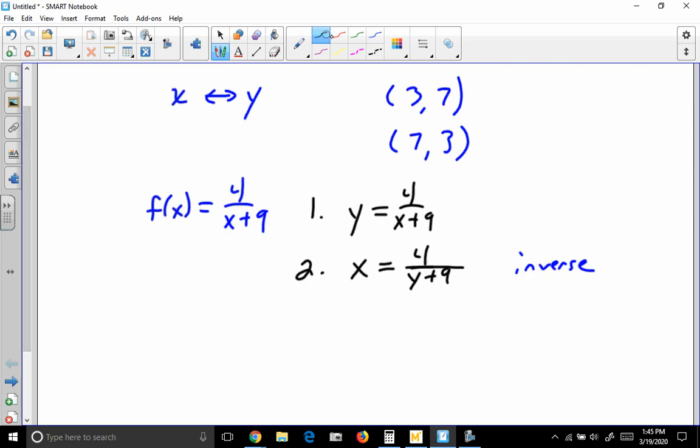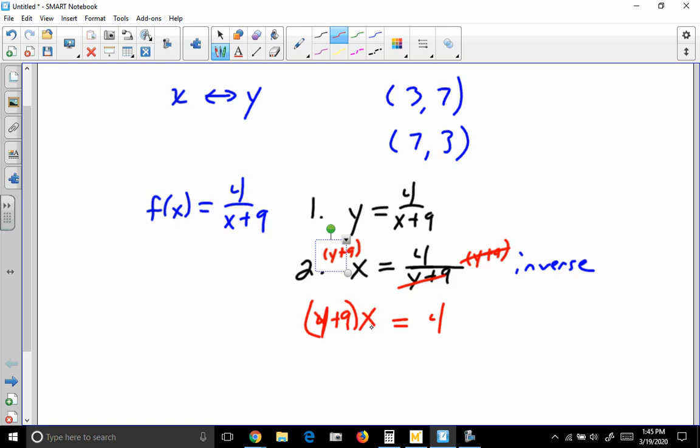In order to get rid of the fraction, let's multiply both sides by y plus 9. On the right side, the y plus 9's on bottom and top cancel. On the left side, we have y plus 9 times x.